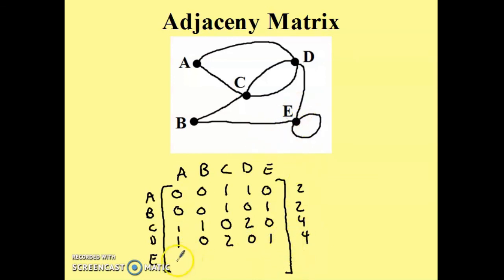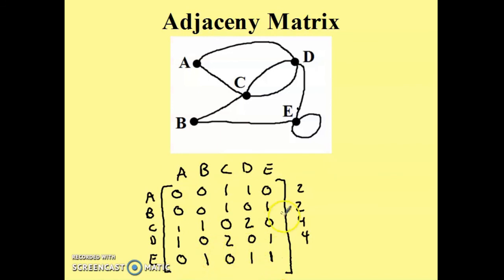Look at E. E is no to A, yes to B, no to C, yes to D, but it has a loop. And it has one loop, so we're going to use a 1 here. So be careful, this adds up to 3. You can see the degree is 4, there are 4 edges, but because it has a loop, which is in that diagonal, it's going to count twice.